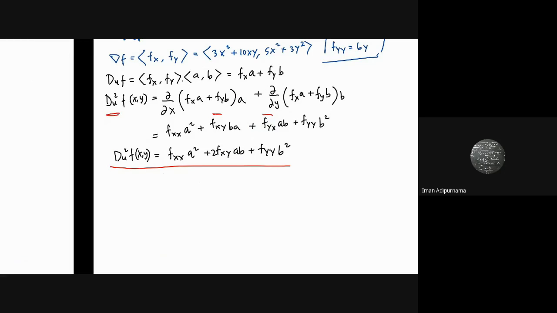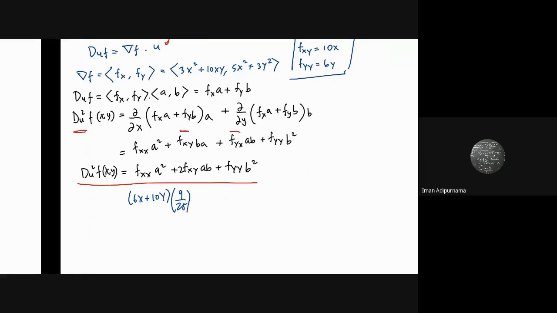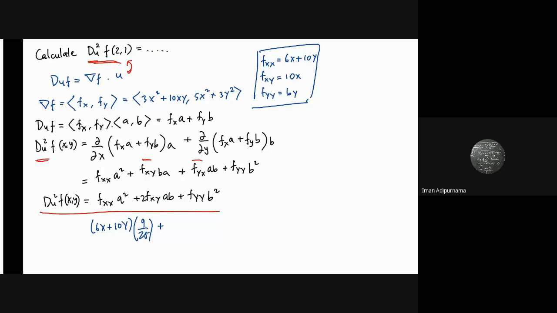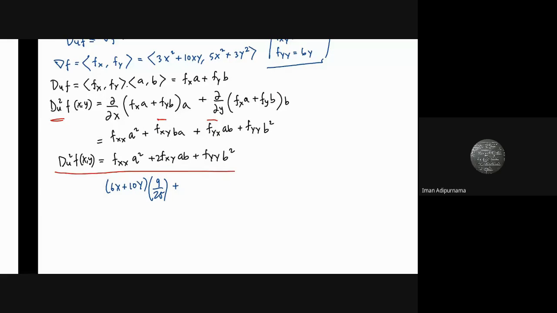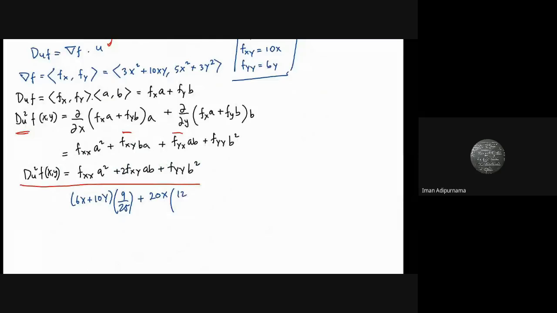So partial xx is 6x plus 10y, and then a is 3/5, squared, 9/25, plus 2, and then partial xy is 10x, so it will be 20x, and then multiply with ab, which is 3 and 4, so it's 12. Okay, and then the last one will be 6y, and this will be 16/25.